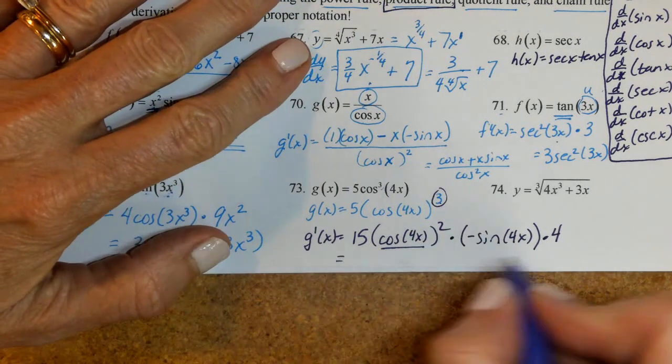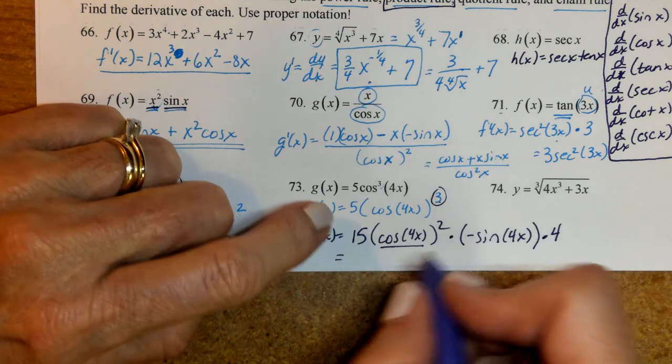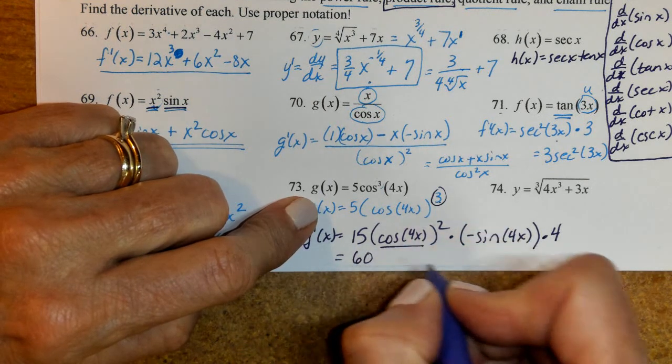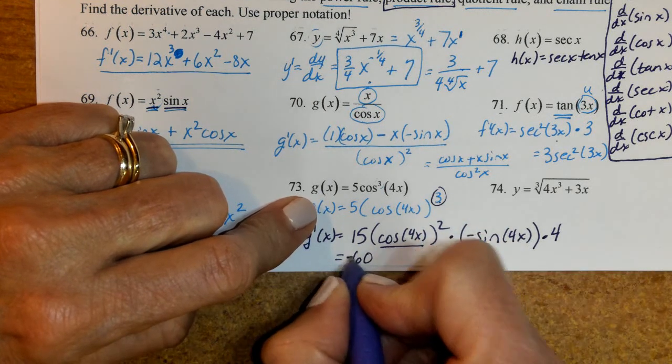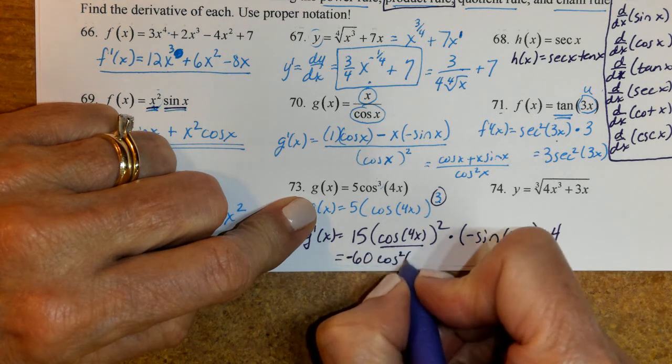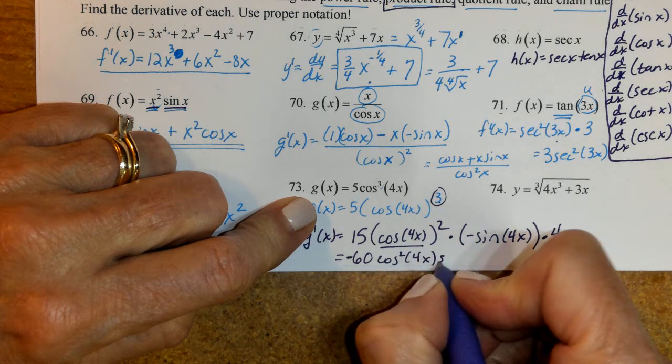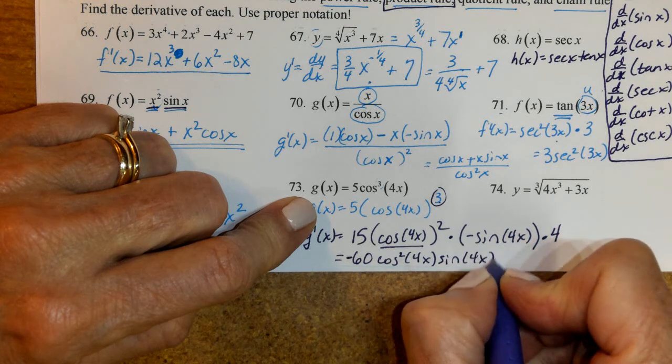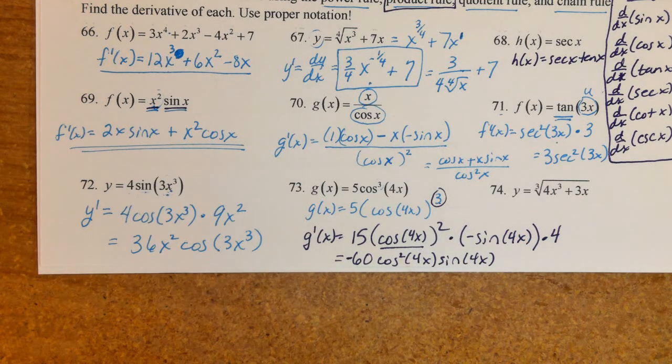So this becomes 4 times 15. I have a negative. I'm going to pull out the negative to the front. Cosine squared of 4x times sine of 4x. Notice that every time our argument is the same.